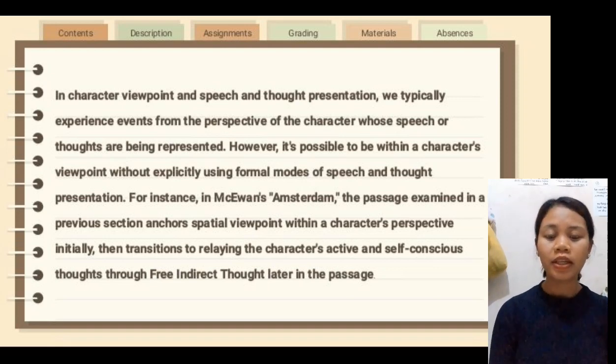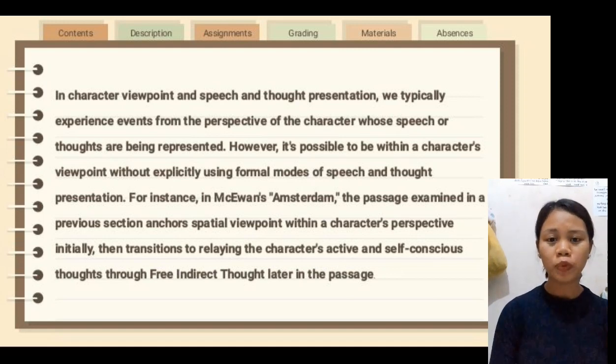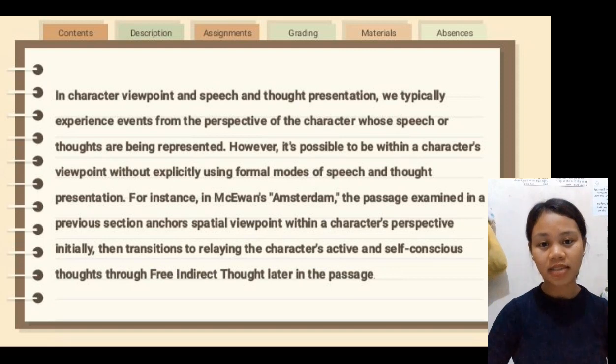So just like when we read stories, we often see events from the viewpoint of the characters whose thoughts or speech are shown, but sometimes even without directly stating the character's thought, we can still be inside their viewpoint.